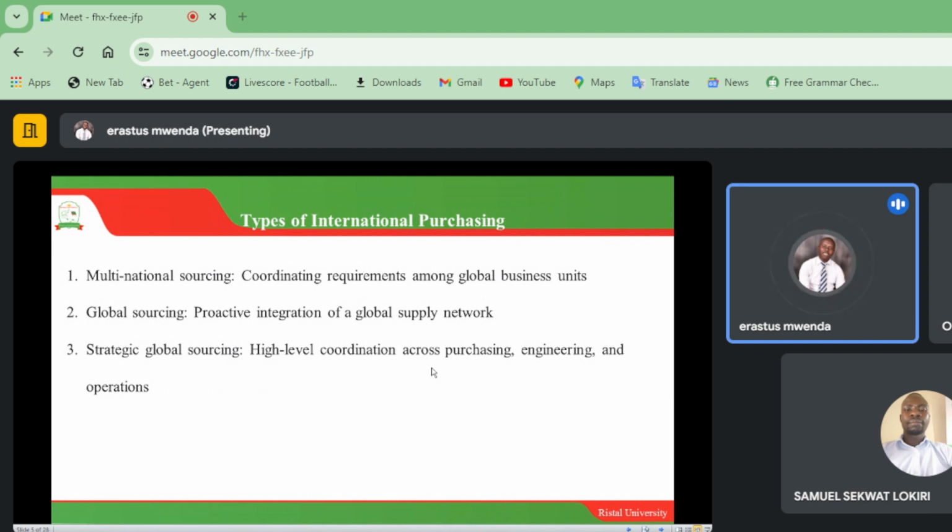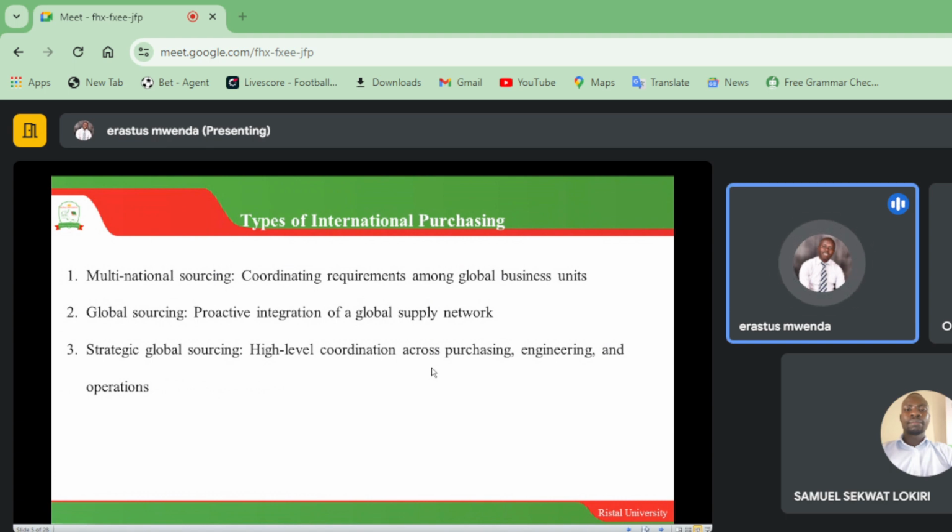The second type of international purchasing is global sourcing. This is the proactive integration of a global supply network. So we bring together a range of very many suppliers from the global arena to continuously and consistently supply you with goods.